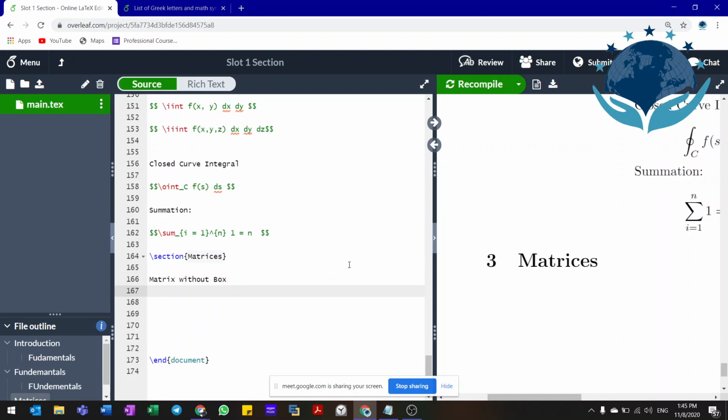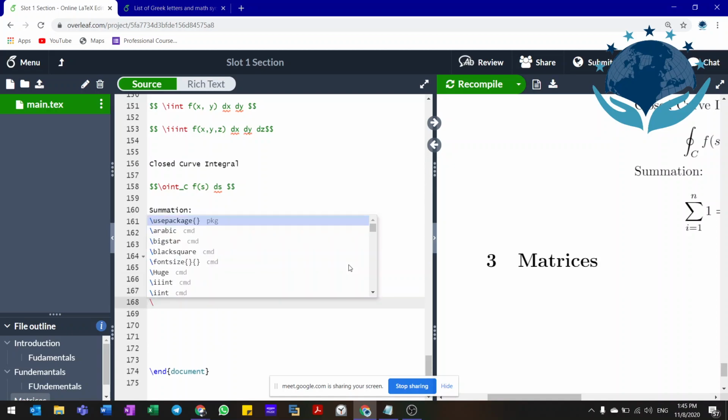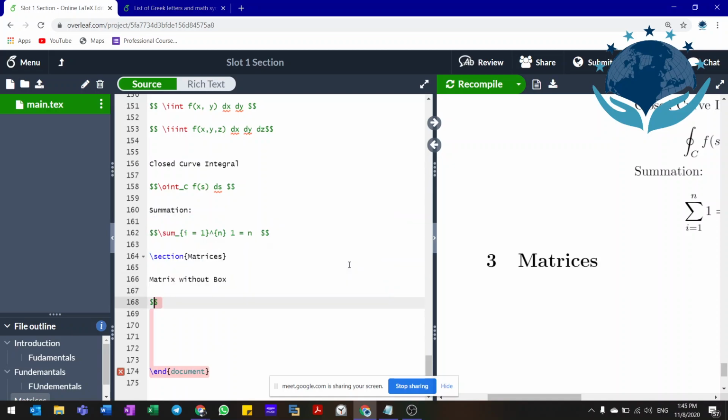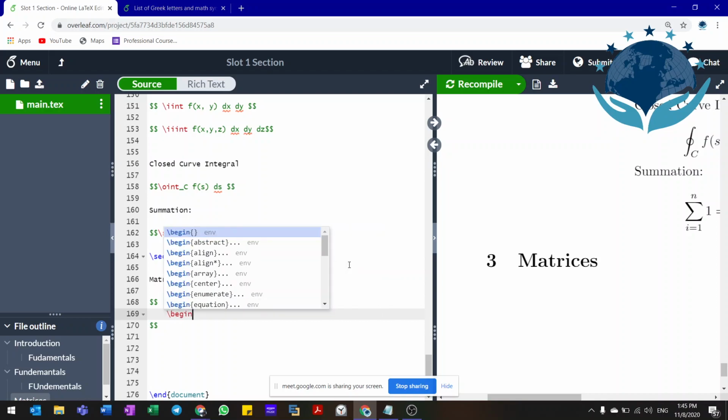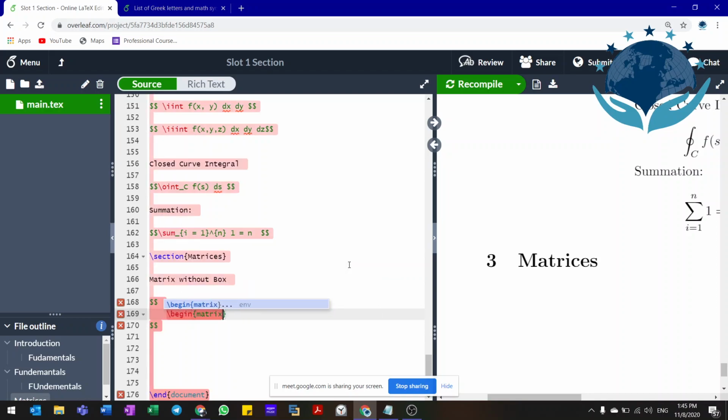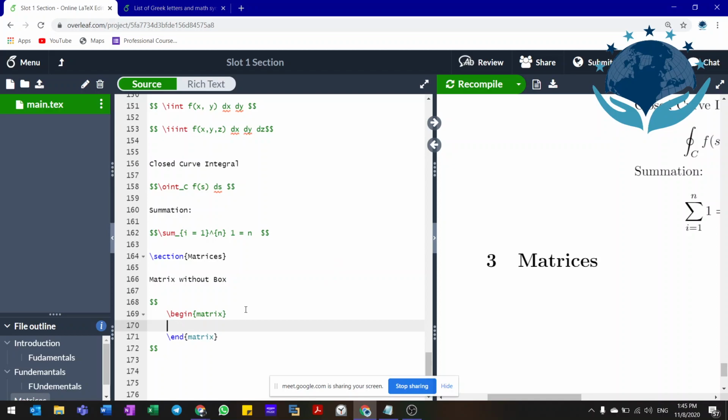Which is nothing but, you can use dollar, anyhow you have to use the mathematical framework. So inside the double dollar you can use begin matrix. Inside the matrix you have to enter the elements of the matrix. This is the very basic thing.